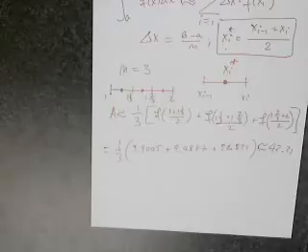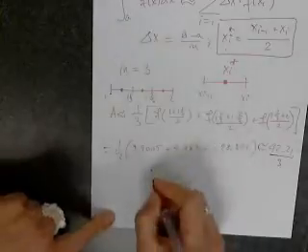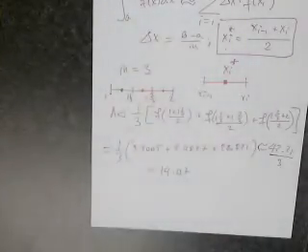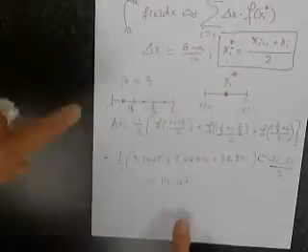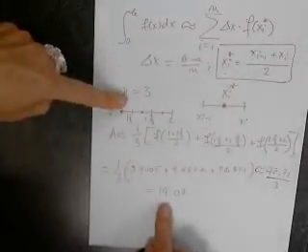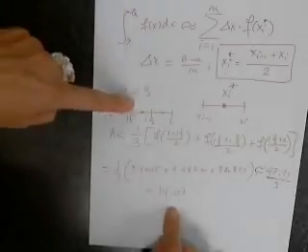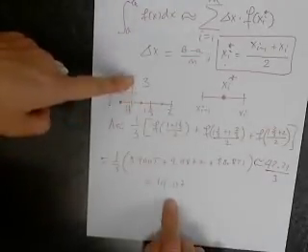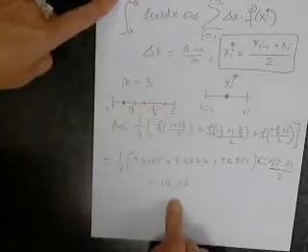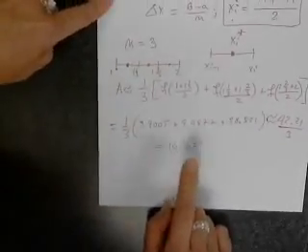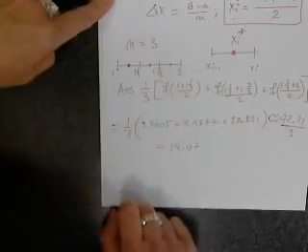Okay, so this divided by 3. Thank you so much. So 14.07. Now that's reasonable. Is this a good approximation? No, because I'm using 3 subintervals, but it gives me an idea.